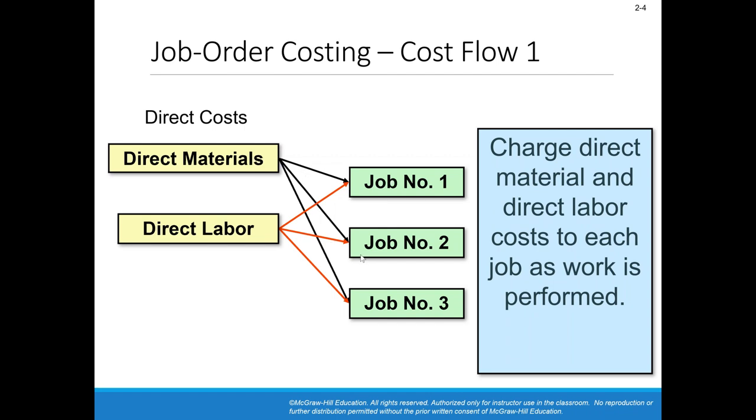So every time you do this, you probably have some type of recording device. So you'll have a little barcode, and you'll click on the barcode, and you'll say, this is for job number one. So the computer will automatically transfer from raw materials to work in process for job one, job two, job three, etc.